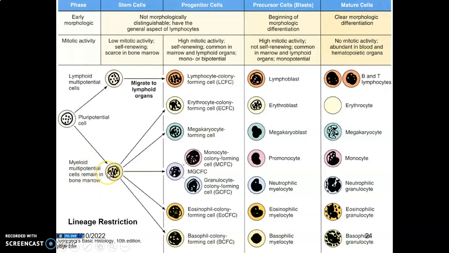While the myeloid is multipotent, it can give either a red blood cell through erythrocyte colonies, erythroblast and erythrocyte, or platelet through the megakaryoblast, megakaryocyte route, or it can give the white blood cells, the leukocytes. So it could be the granulocytes or the agranulocytes. And under granulocytes, remember, will form our basophils, eosinophils, and neutrophils. So this is how blood cells are formed, from stem cell to progenitor, precursor cells, and mature cells.